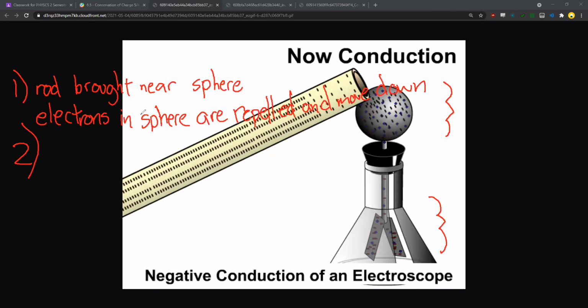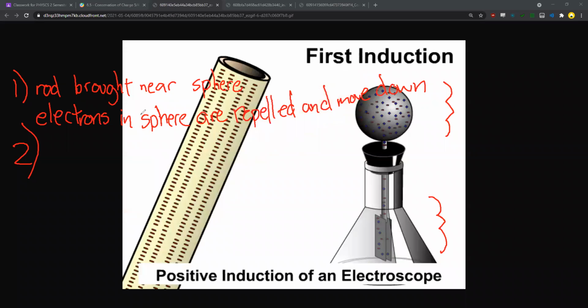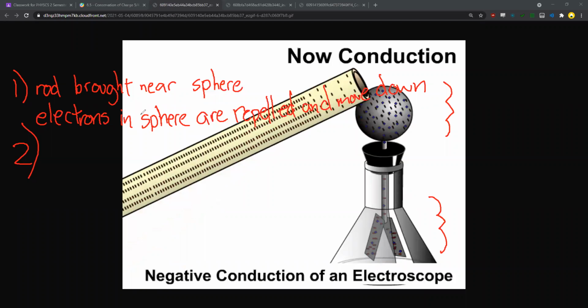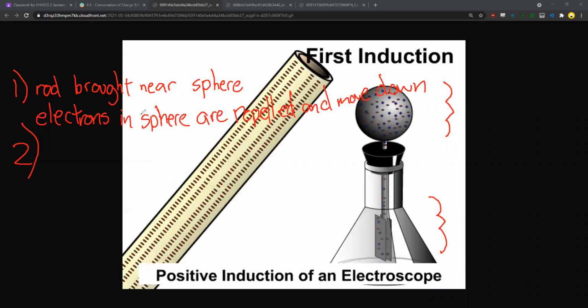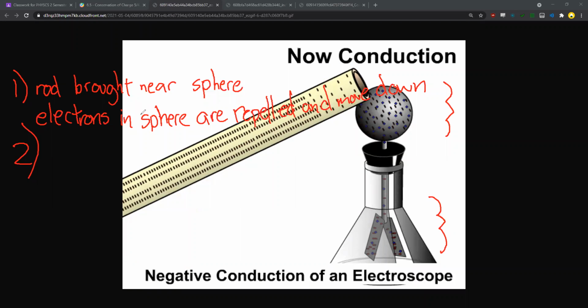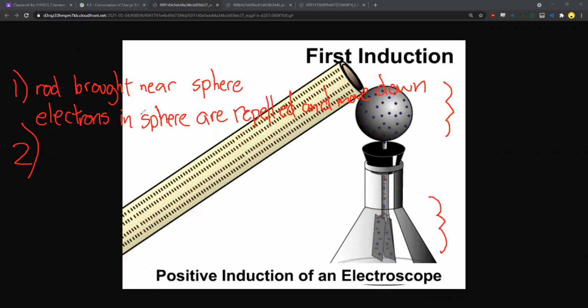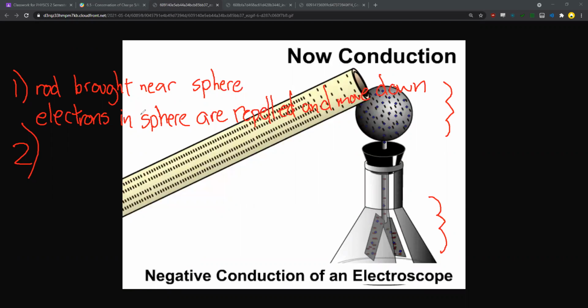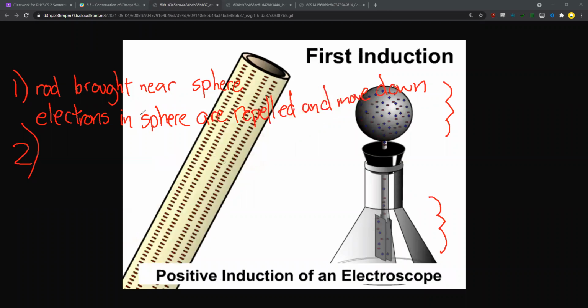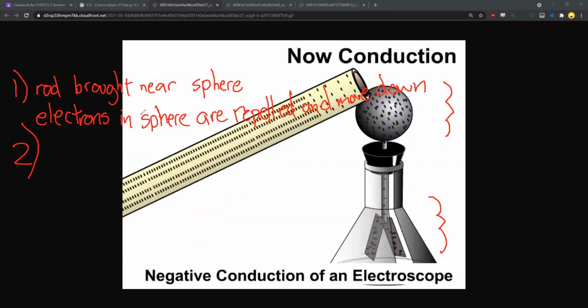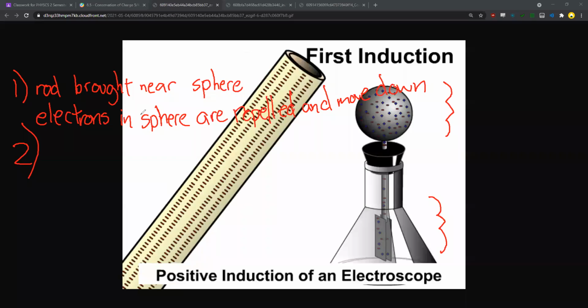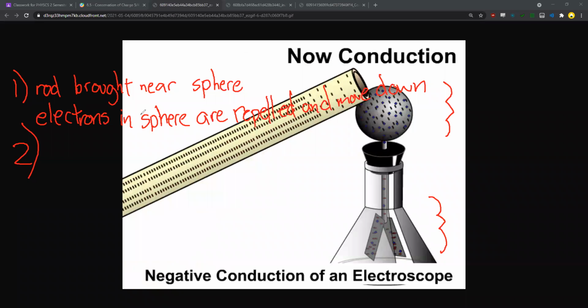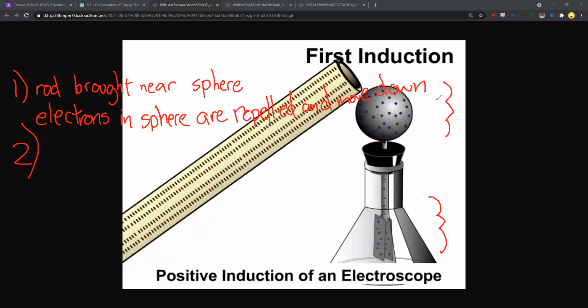After the electrons move down to the bottom, what is the overall charge of each section now? The top is positively charged.